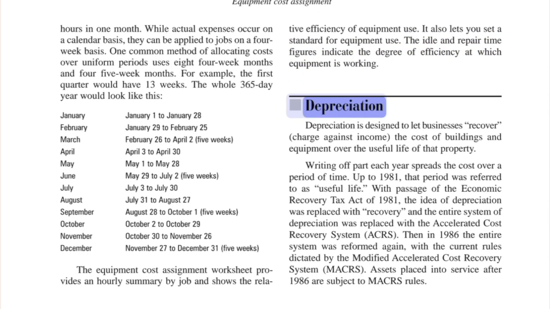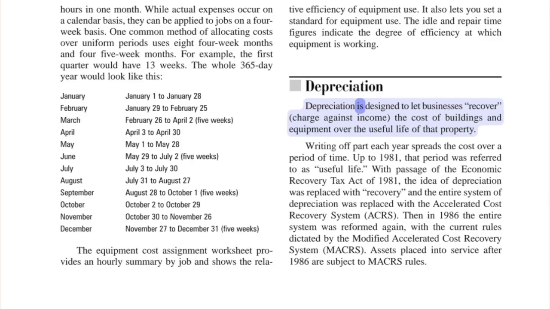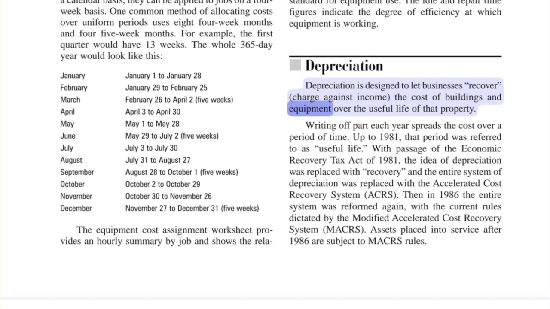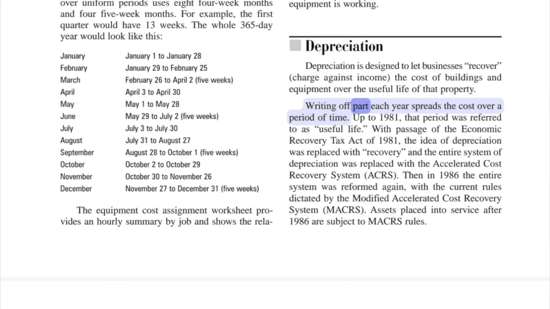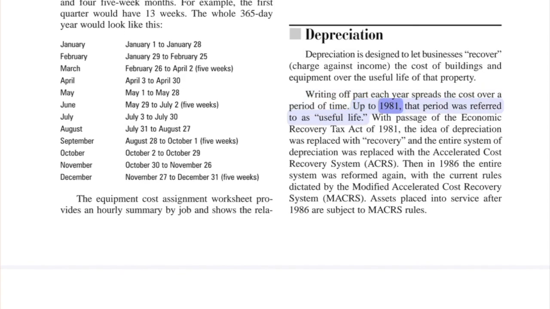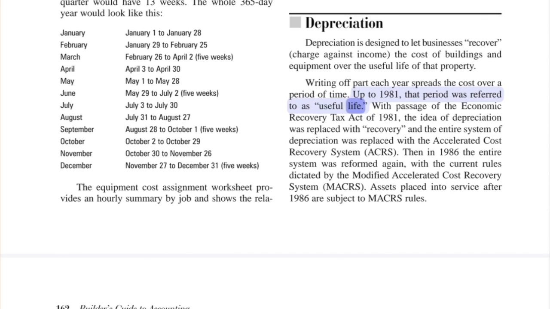Depreciation. Depreciation is designed to let businesses recover the cost of buildings and equipment over the useful life of that property. Writing off part each year spreads the cost over a period of time. Up to 1981, that period was referred to as useful life.